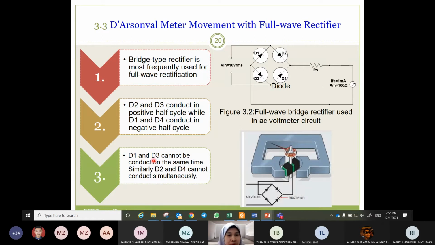D1 and D3 cannot conduct at the same time, of course. So this is the full-wave bridge rectifier used in the AC voltmeter circuit. This is the PMMC. We add a full rectifier to read the AC signal.